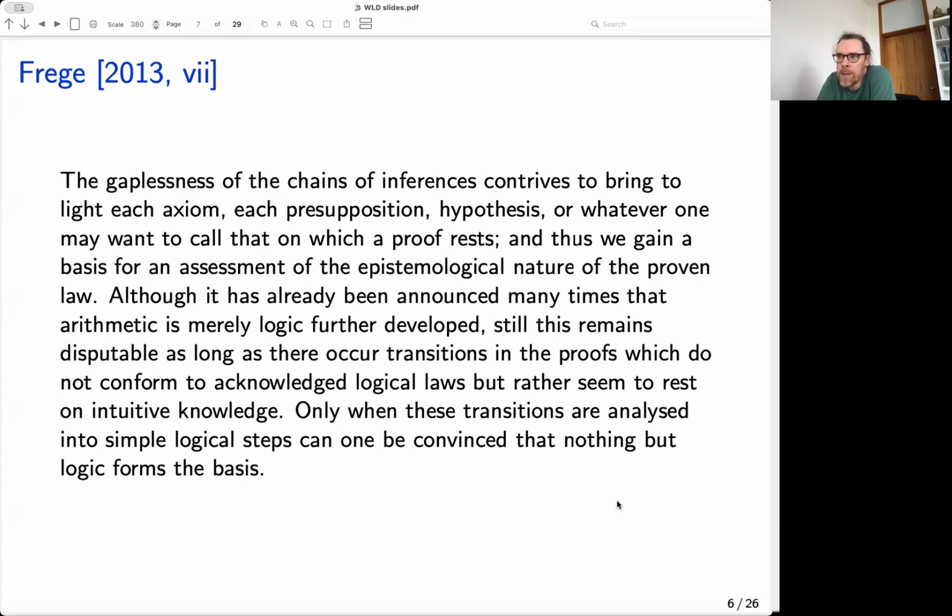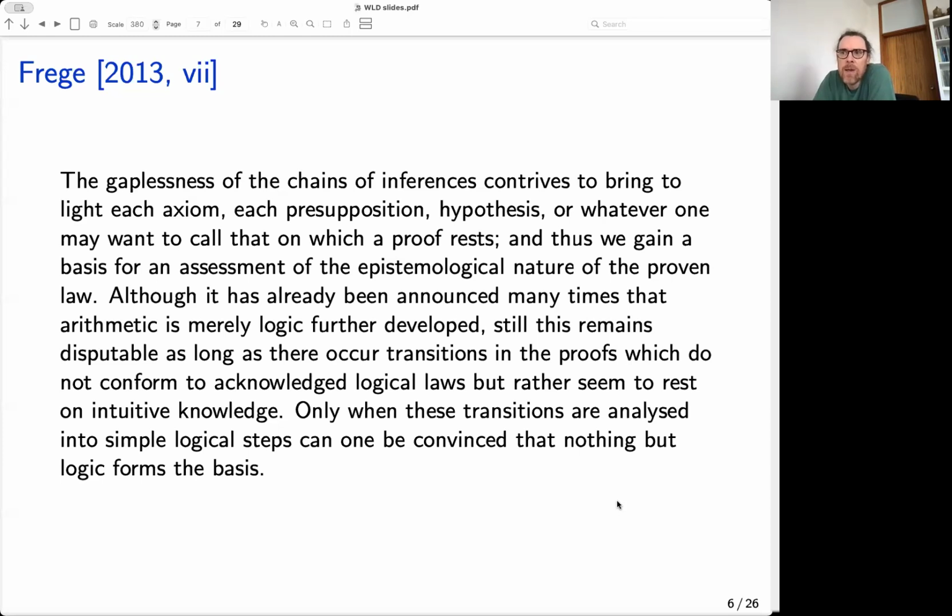Although it has already been announced many times that arithmetic is merely logic further developed, still this remains disputable as long as there occur transitions in the proofs which do not conform to acknowledged logical laws, but rather seem to rest on intuitive knowledge. Only when these transitions are analysed into simple logical steps can one be convinced that nothing but logic forms the basis.